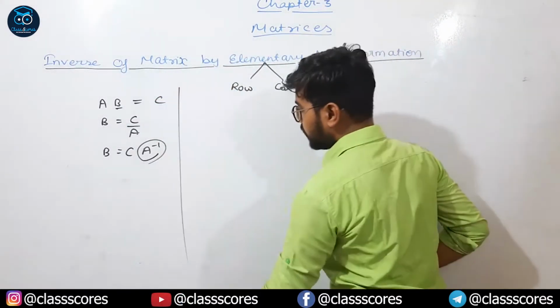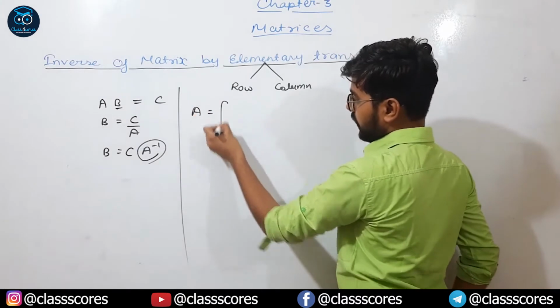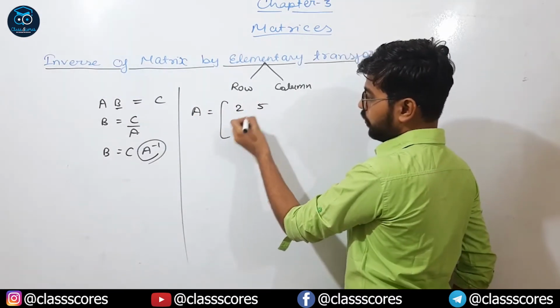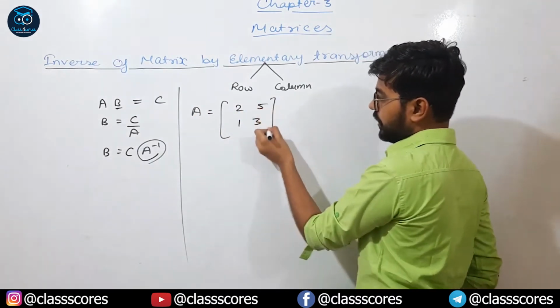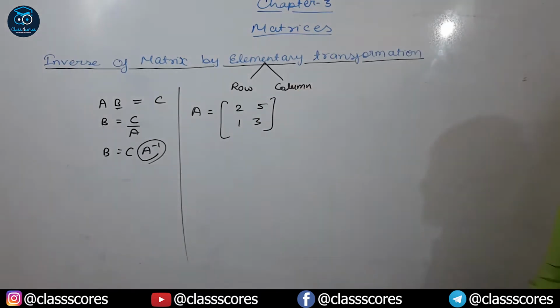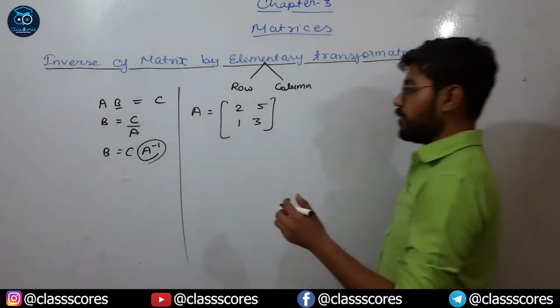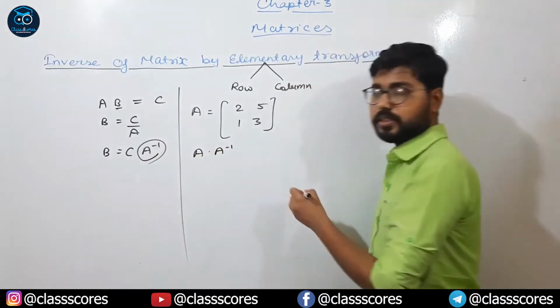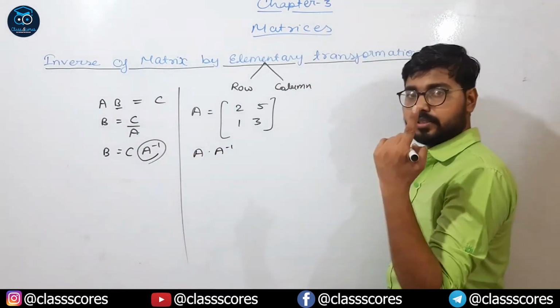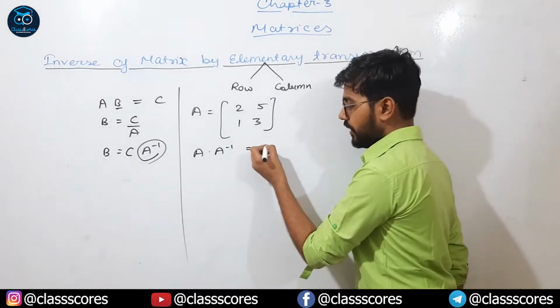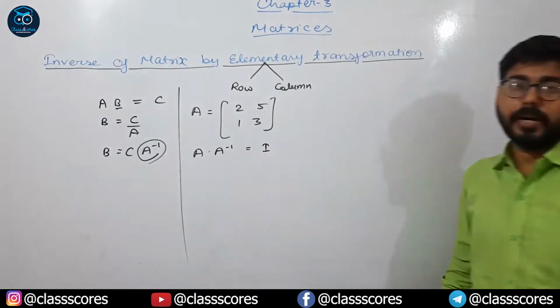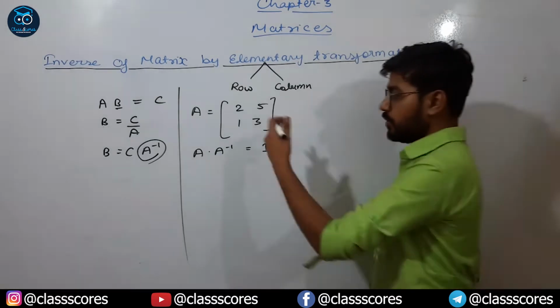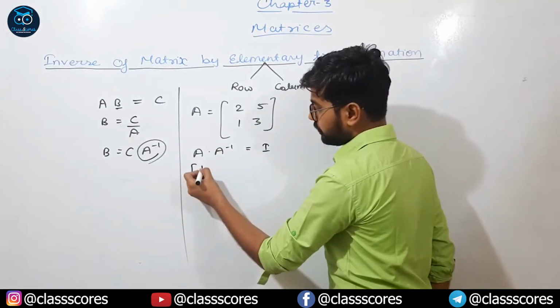Suppose a matrix is given, that is A equals 2, 5, 1, 3. Here we need to find the inverse of this matrix. We know very well that when we multiply any matrix with its inverse, we get a unit matrix, and here the unit matrix is represented by I. Substitute all the values.